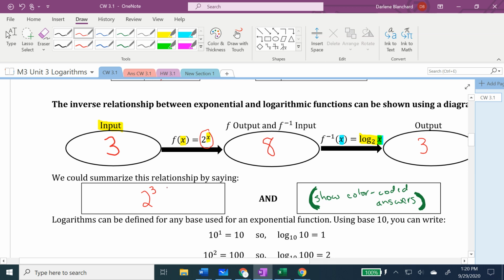Now, that 8, which is 2 cubed, is an output on f. It is a y-coordinate. But if I decide to then make it an input on my inverse function, that means I'm plugging into this x 2 to the 3rd power, which means that this becomes the input of log base 2.